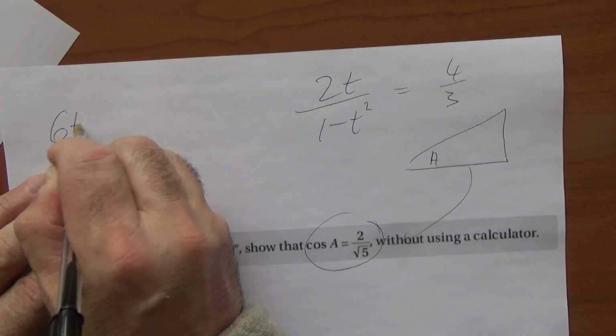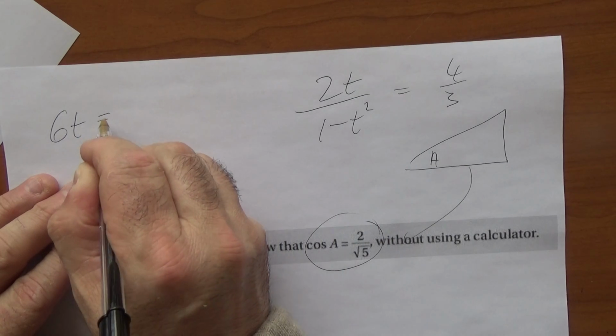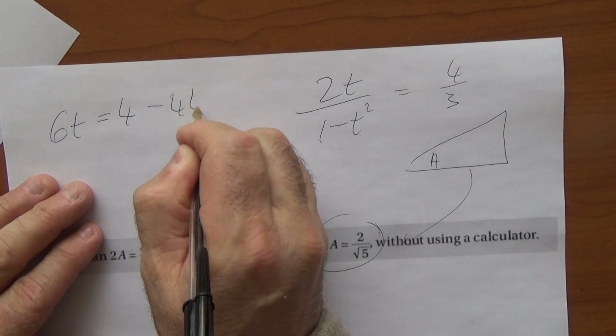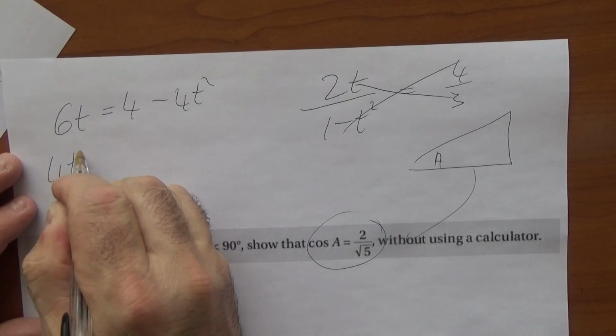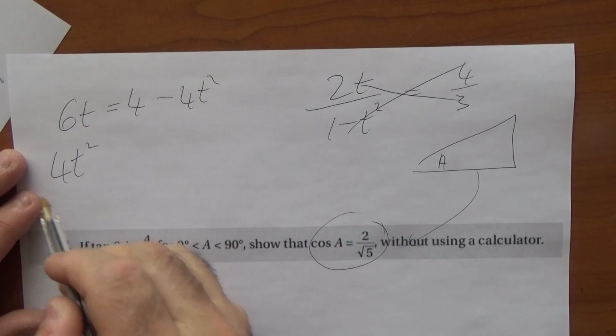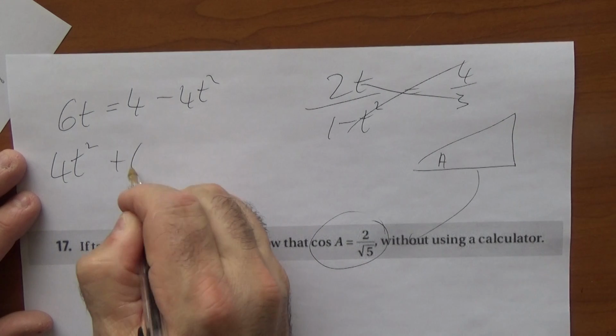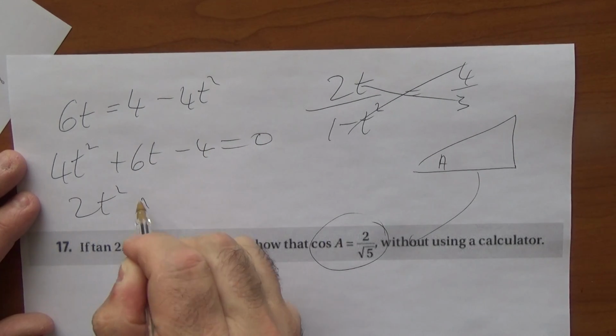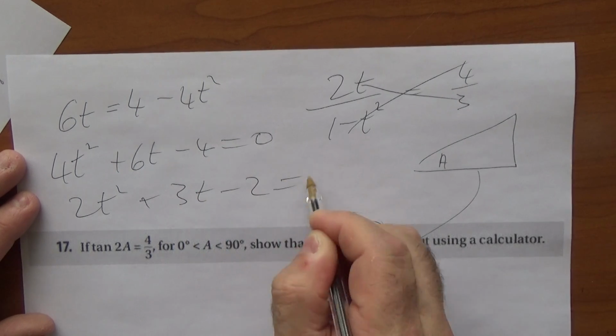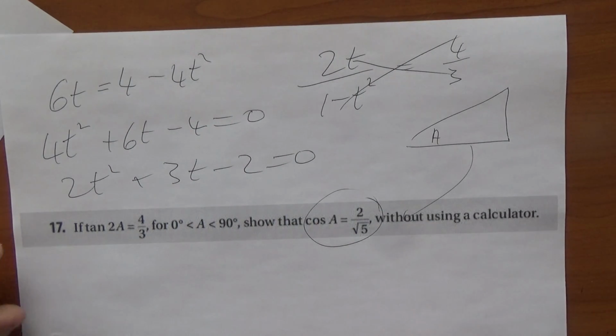Okay, so we have 6t equals 4 minus 4t squared, cross multiplying. We have 4t squared plus 6t minus 4 equals 0. Of course I can take out the 2: 2t squared plus 3t minus 2 equals 0.